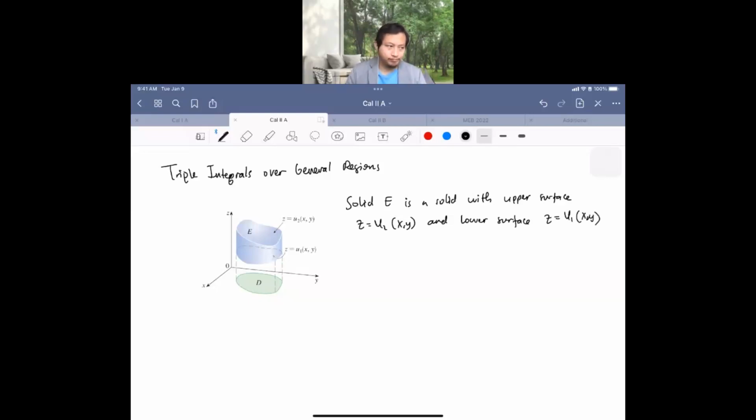Okay, and then we have also D, so we have E and D. D is the projection of E on the xy plane.